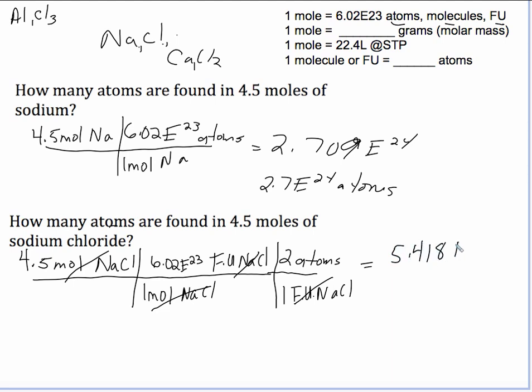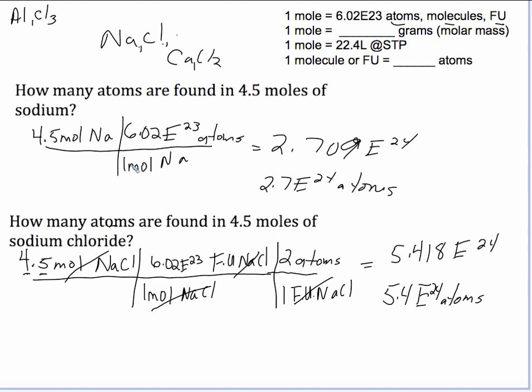My calculator says 5.418 e to the 24th. My starting problem has 2 significant digits, so I want to round to 2 here. So it's just going to be 5.4 e to the 24th atoms.